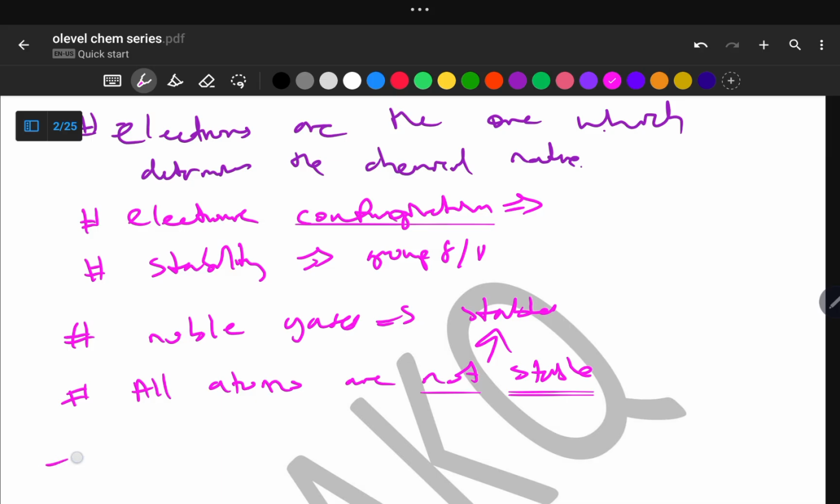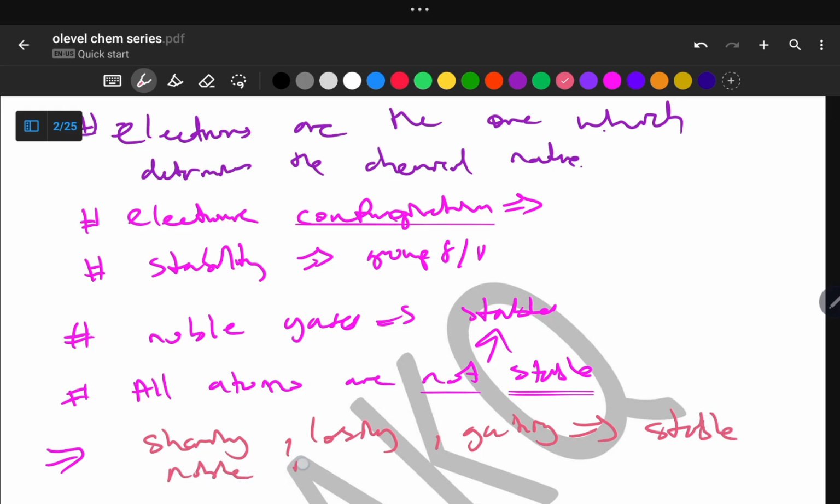So they are going to react by sharing, by losing, or by gaining electrons, so that they will achieve the stable noble gas electronic configuration. Are we together, guys?